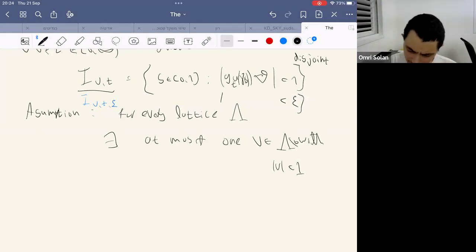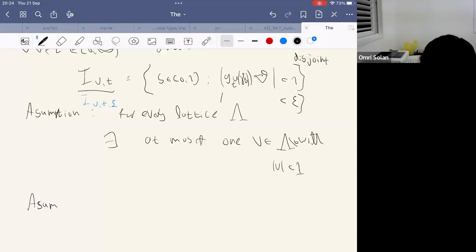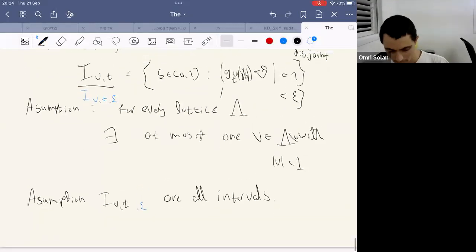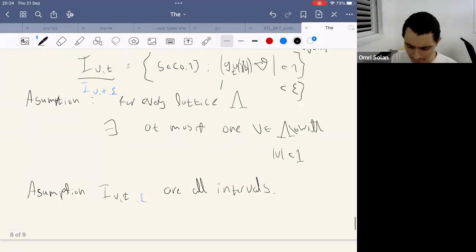Another assumption which is not that far from being true: I_{v,t} and I_{v,t,epsilon} are intervals. It's also not true, but it will be a union of not too many intervals.